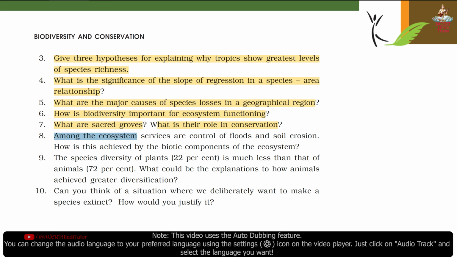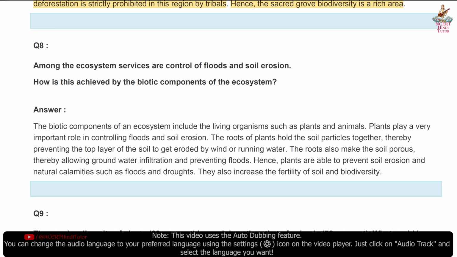Question 8. Among the ecosystem services are control of floods and soil erosion. How is this achieved by the biotic components of the ecosystem? Answer. The biotic components of an ecosystem include the living organisms such as plants and animals. Plants play a very important role in controlling floods and soil erosion.